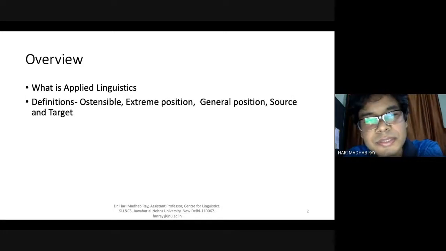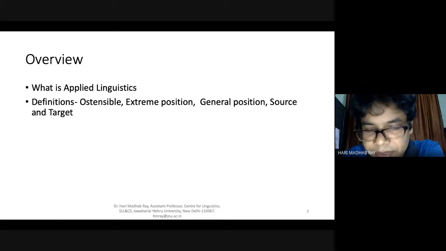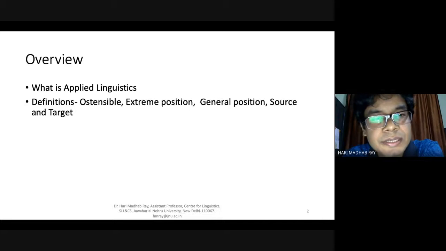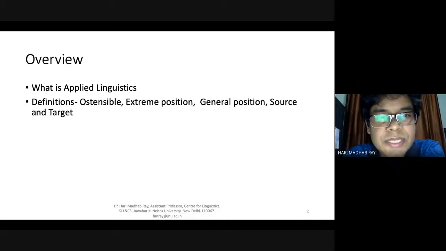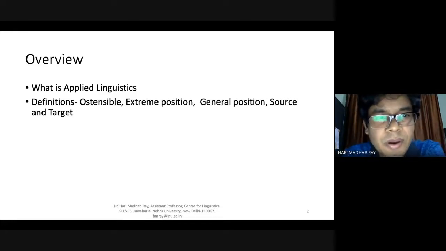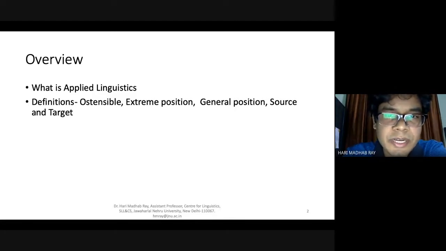So, what is applied linguistics? We'll try to talk about the definitions of applied linguistics, and some of these definitions I have already told you in the last class. But even if you could not understand or grasp the concept, there will be a little bit of elaboration and explanation today.